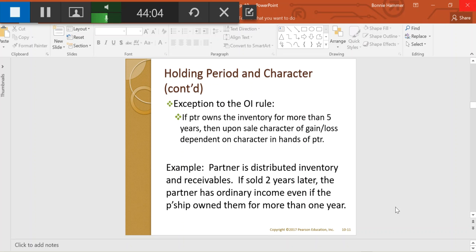But when they distribute it down to the partner, if the partner's just holding that land as an investment and doesn't have an operating business like the partnership did, whereby he buys up a bunch of parcels of land and then sells them to people as part of his trade or business, then that land becomes a capital asset in the hands of the partner. But this rule says that in order for it to take on capital asset character, it has to be held for more than 5 years by the partner before he disposes of that inventory. Okay?